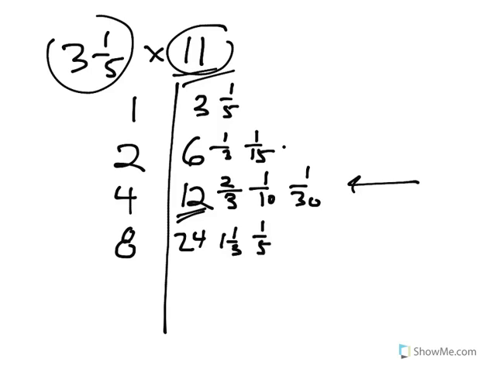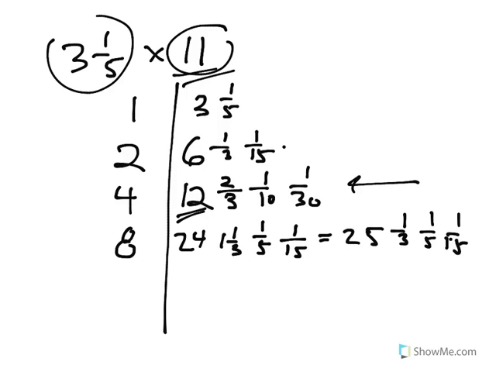You see, doubling a fraction with an even denominator, you just divide the denominator in half. And 1/30 becomes 1/15. I'm going to write this as 25 1/3, 1/5, 1/15.